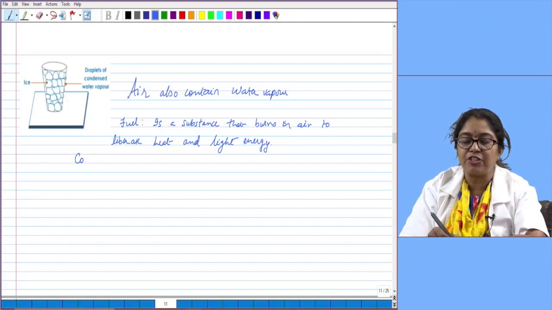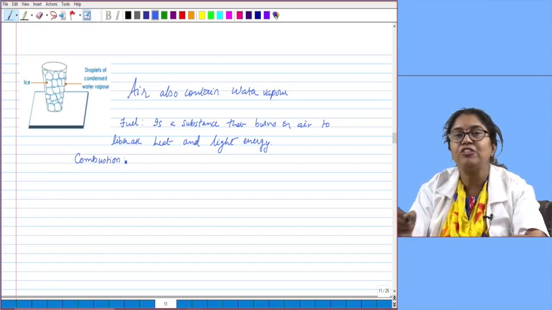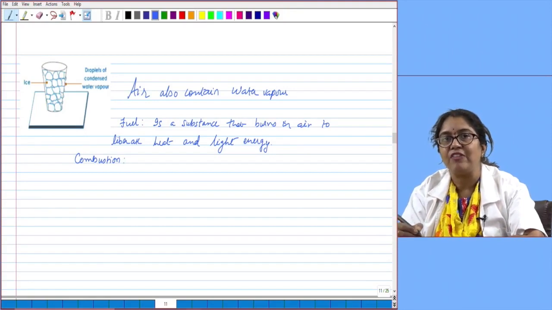What is combustion? Combustion is the process by which these fuels burn in oxygen or air, and they liberate heat and light energy.